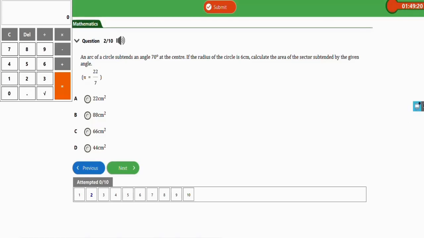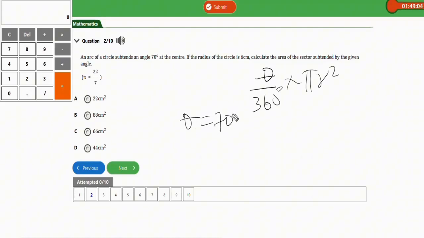We are still going to apply the formula for area of a sector, which is theta over 360 degrees times pi r square. In the question we have theta to be 70 degrees and the radius r to be 6 cm. So just plug in the values.